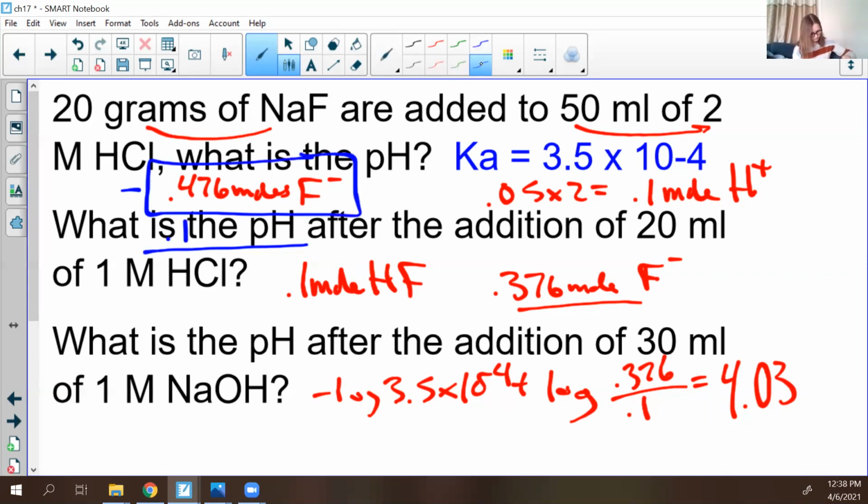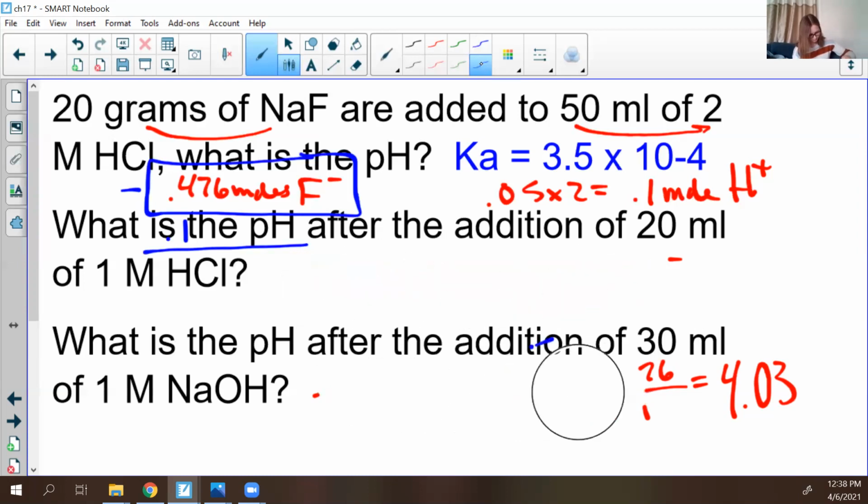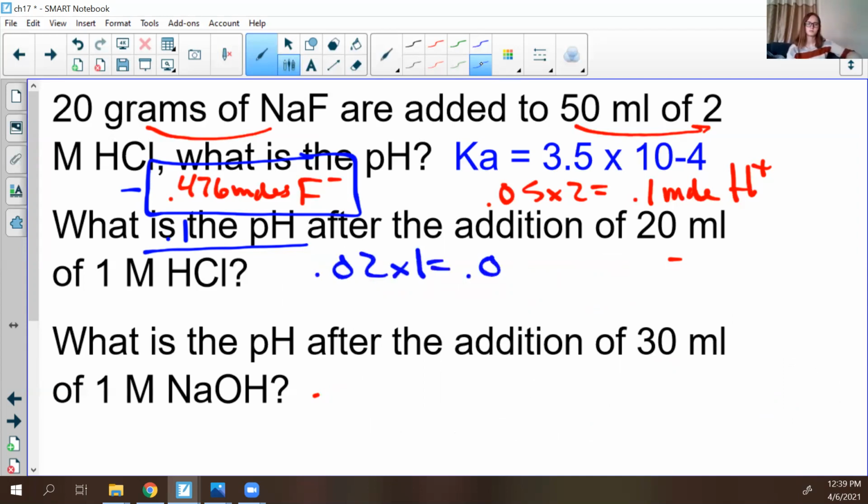Okay, so now I have this section here. What is the pH after the addition of 20 milliliters of 1 molar HCl? So the pH better go down, right? Okay, so I'm adding 0.02 times 1. I add 0.02 moles of acid, which means I subtract 0.02 moles of conjugate base.